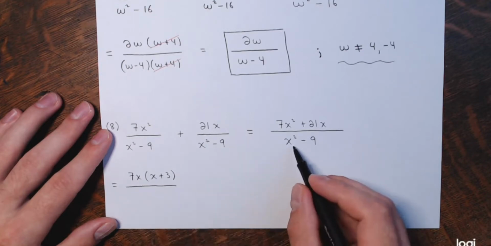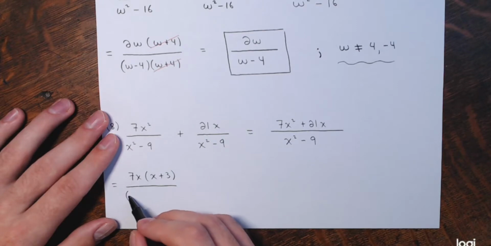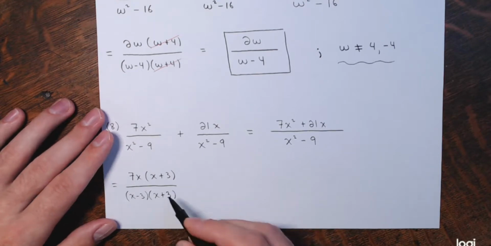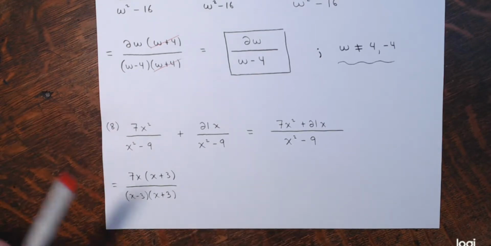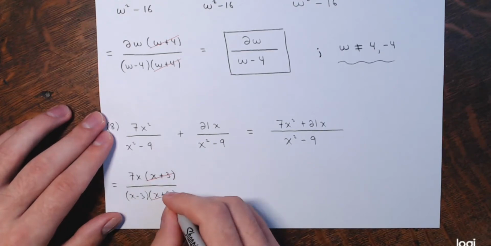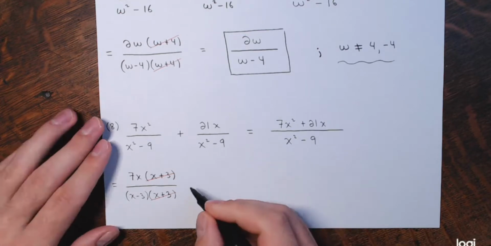And then the denominator is another difference of squares, x squared minus 3 squared, so that would factor to x minus 3 times x plus 3. And then I see the common factor of x plus 3 in both the numerator and denominator, so those will divide out to be 1.